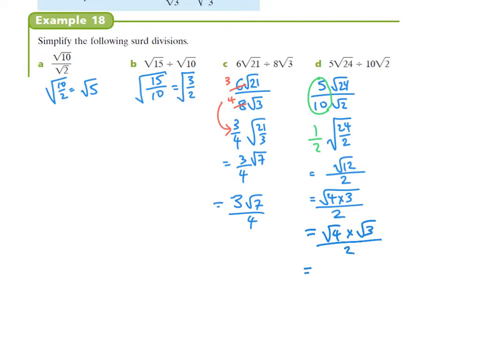Square root 4 is 2, and square root 3 remains the same, all over 2. And the reason we went to all that trouble to pull that 4 out is that now allows us to cancel down the 2 over 2. So we've gotten rid of that denominator, and we've simplified that right down to just square root 3. And we wouldn't have actually been able to do that had we not looked at that 12 a little bit more and been able to pull out that factor.